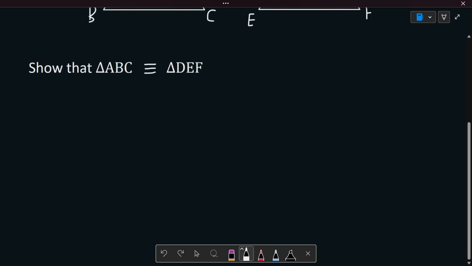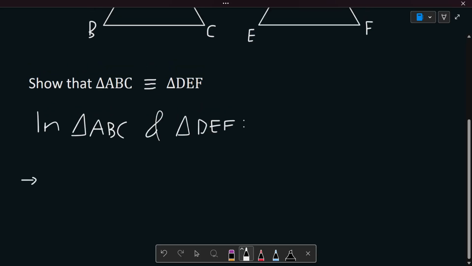Okay, now let's do the following. We're going to state in triangle ABC and triangle DEF, colon. Now we're going to state what is equal to each other.